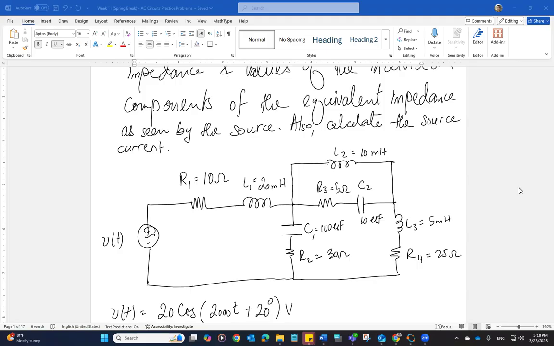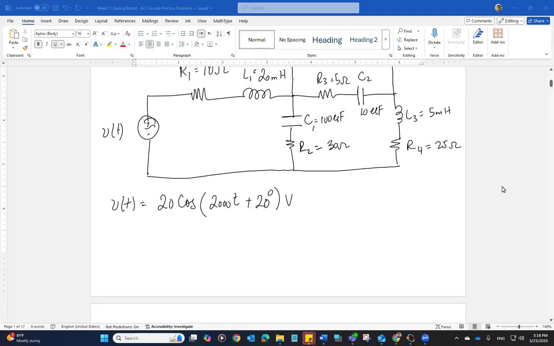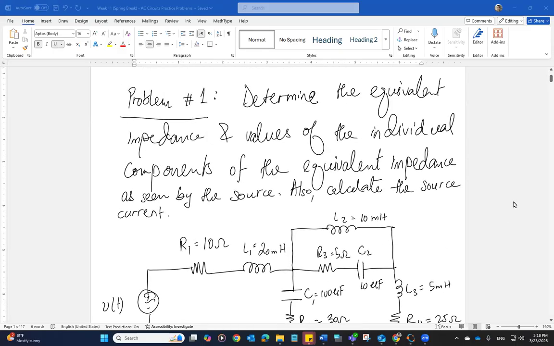It's going to take long and make your life difficult, and there are more chances of errors. So as an engineer, as a person studying engineering and technology, you are supposed to use technology to help you understand and solve stuff. So let's go ahead and start working on our first circuit.